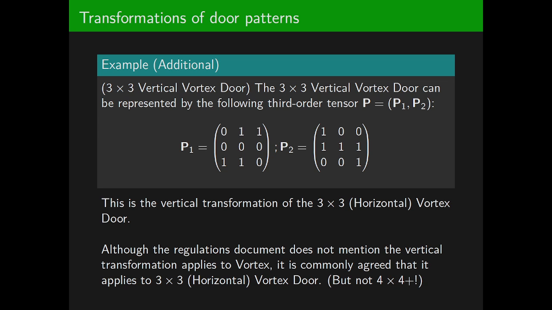It's important that you know this. It's only for 3x3. This is a very special case indeed, because the 3x3 vortex door is such a weird door. It does have to be defined separately, and the regulation document didn't consider this much. So we have to note that here.